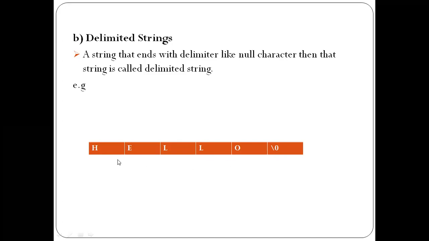The delimited string size is 1, 2, 3, 4, 5, 6. The string size is 6, but we are storing only 5 characters. Here we observe that the null character also takes up string size.